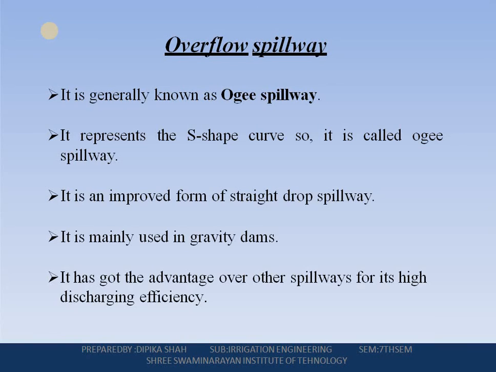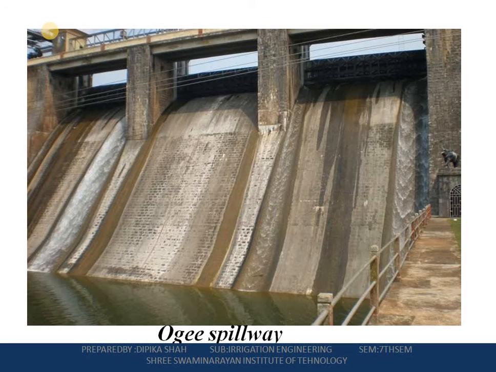In addition to cavitation, vibration from the alternate making and breaking of the contact between the water and face of the dam may result in serious structural damages, right? So you can see this is an Ogee spillway. There is an S shape given, so water may flow very smoothly, right? That's why that is called an Ogee spillway.